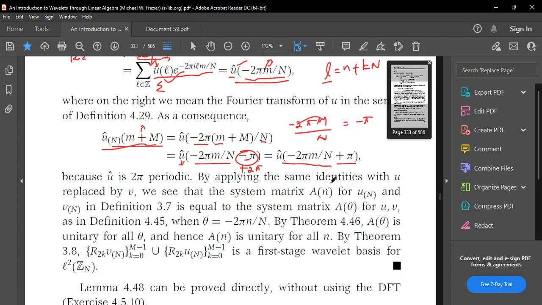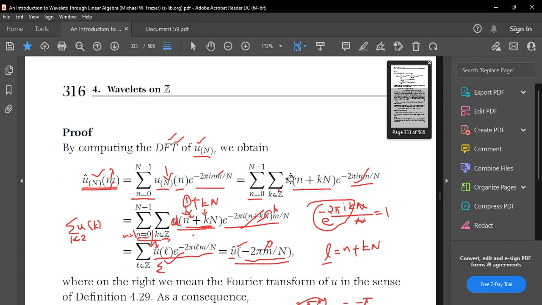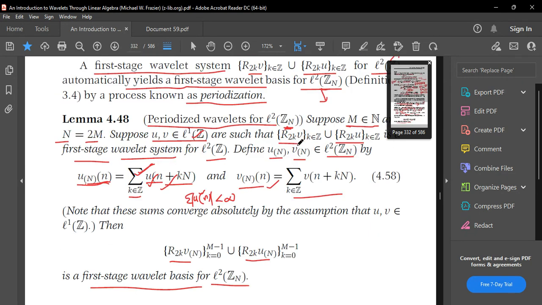Applying the same identities with u replaced by v, we get v cap N of m equal to v cap of minus 2 pi m by N, and similarly. Now we know that this R2K V union R2K U is a first stage wavelet system.